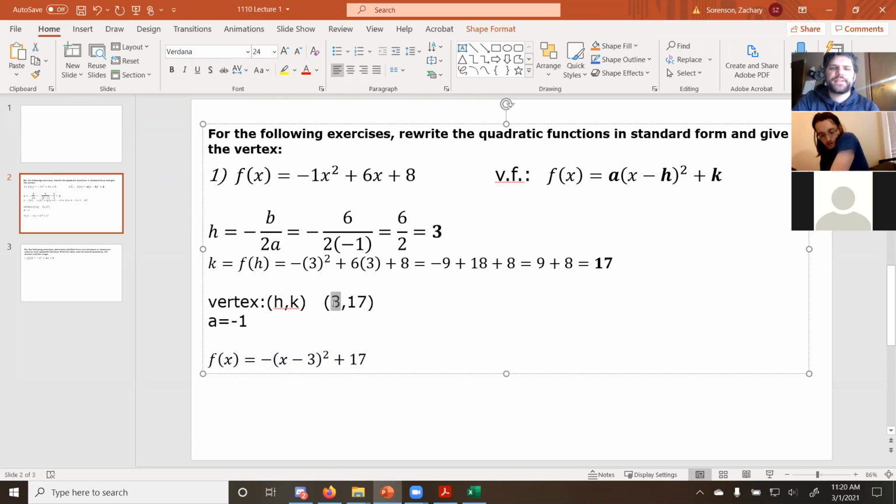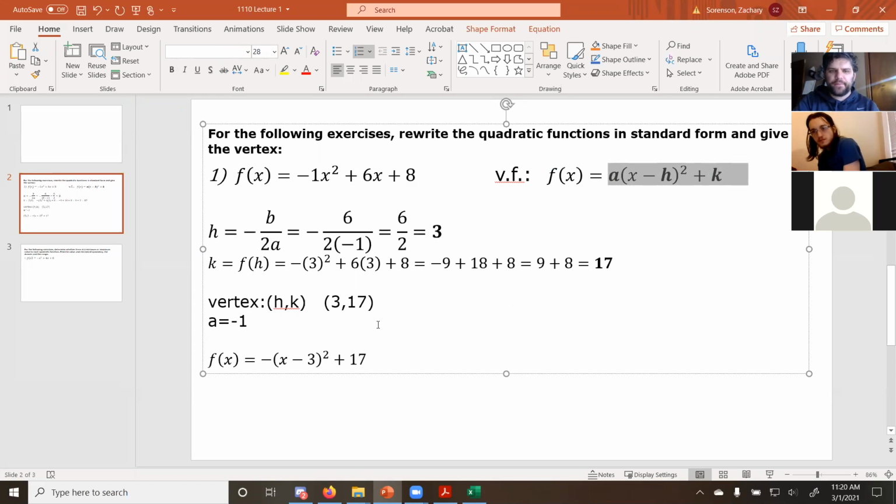Notice how my vertex had a +3 and a +17, and then my vertex form still has a +17, but the 3 changes sign. That's just because vertex form has that X minus H, or if you want to think about it as a transformation, that's because what's inside the parent function goes opposite.